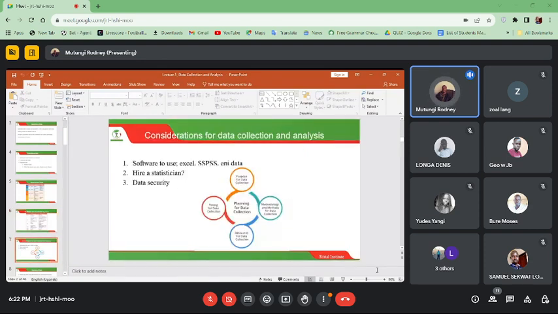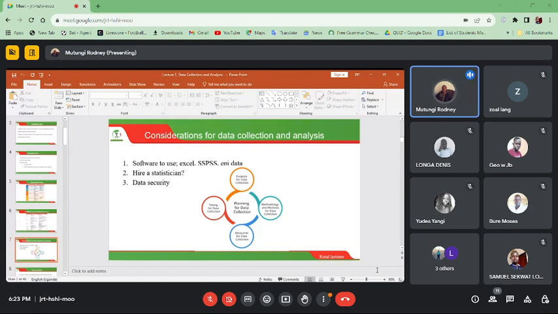So when you're considering which data collection method to use, you need to have in mind what software you are going to use to analyze this data, because there are a lot of different software packages to, first of all, enter the data, then clean it, and then analyze.